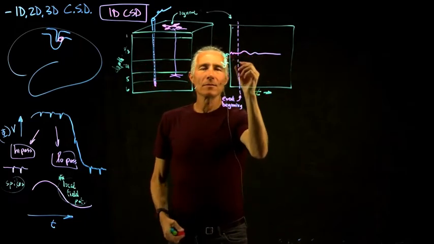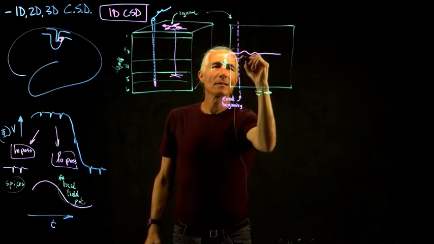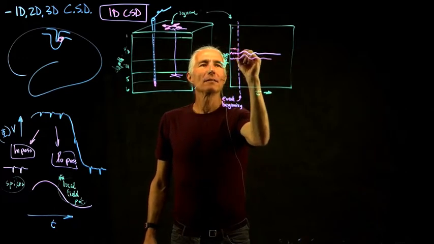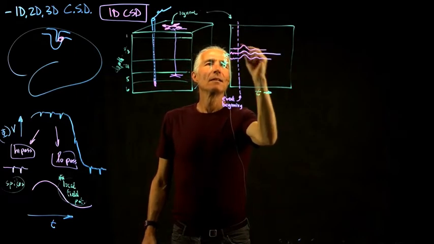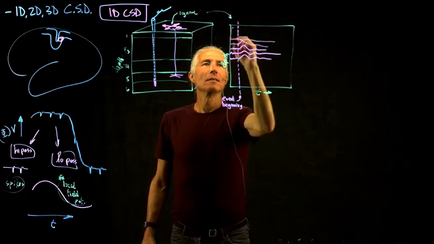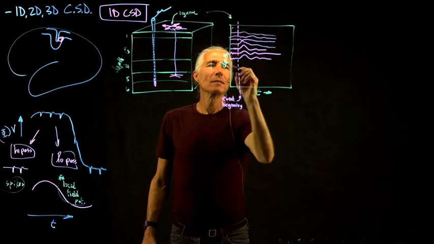And then I just do the same thing at a different depth. So here's another case, say this looks like that. Then here's another case, and say that one looks like that. And so there'll be a whole bunch of these recordings over time at all the different depths.